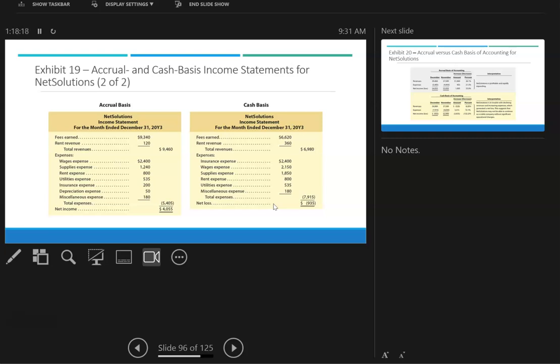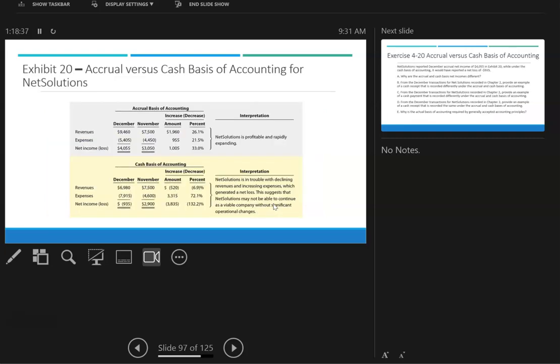We accumulate and record that use of an asset over its useful life. I think that's everything. So basically, the accrual basis is going to give us different numbers than the cash basis, but it is more accurate and it more reflects what's going on in the business.